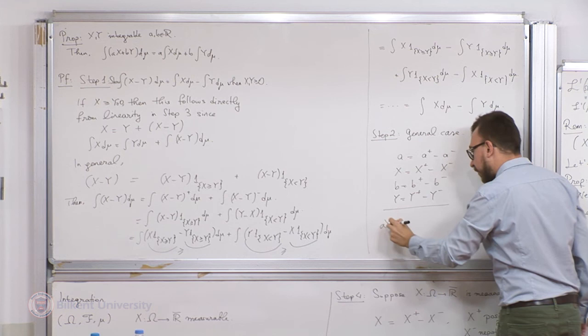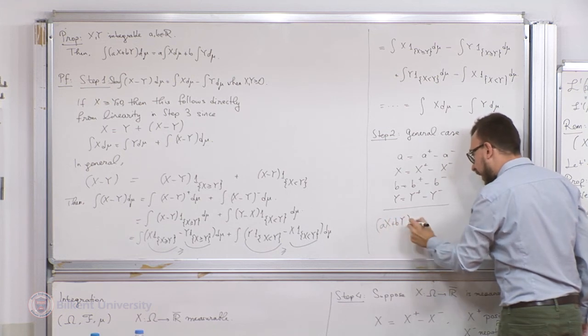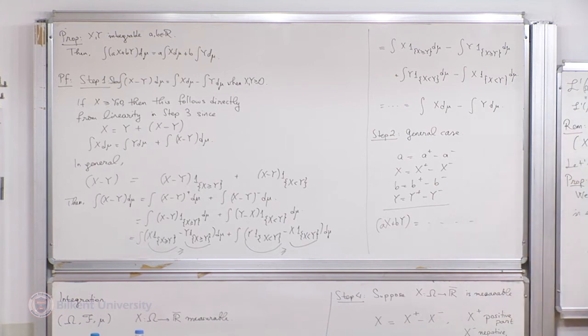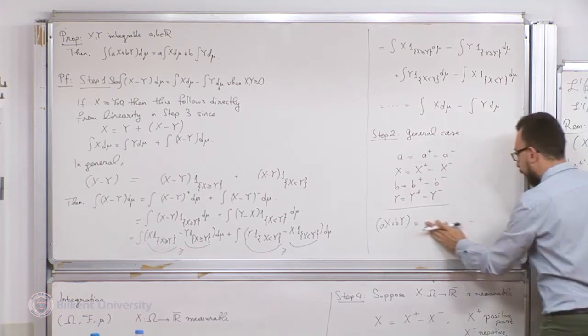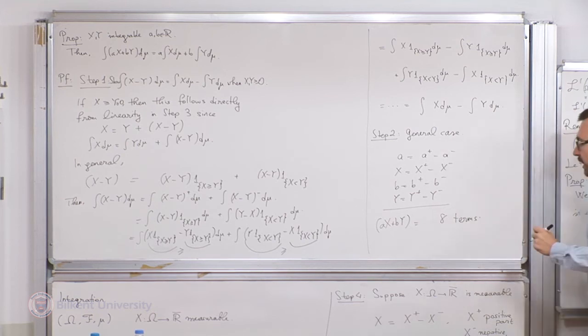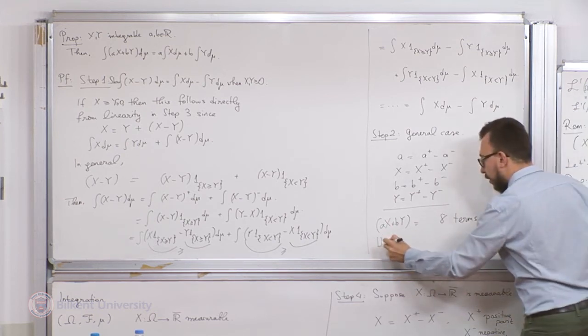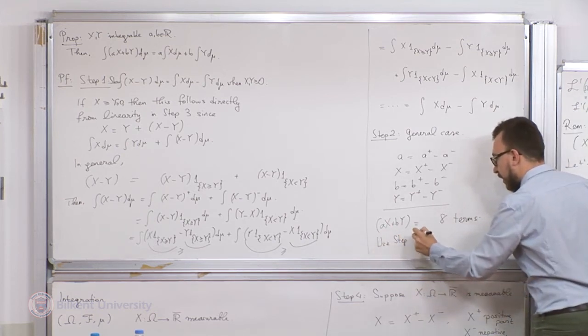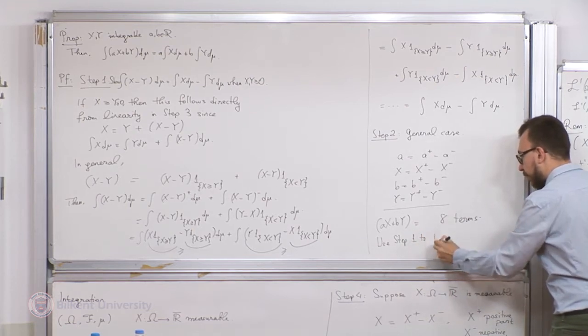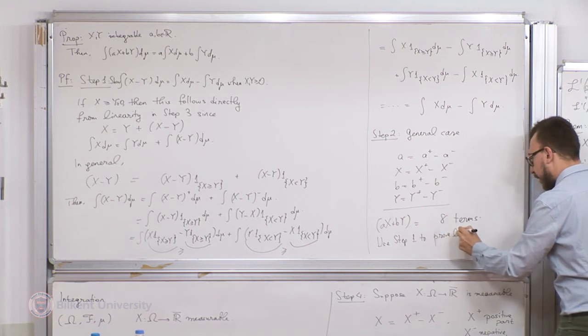And this is going to give you a huge expression for ax plus by. I guess 8 terms. There are going to be 8 terms. And then use step 1 to finish, to prove linearity.